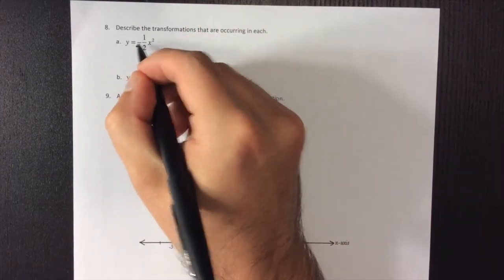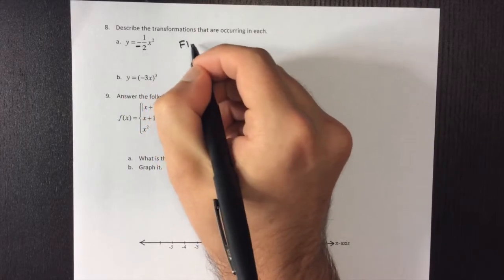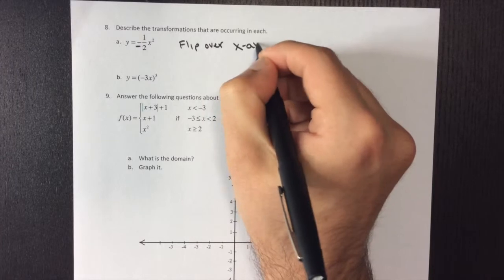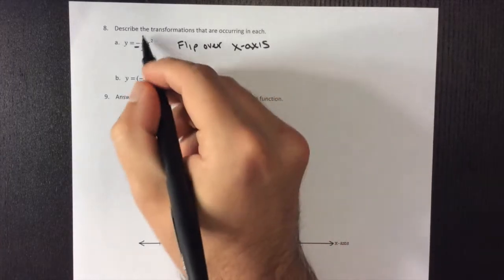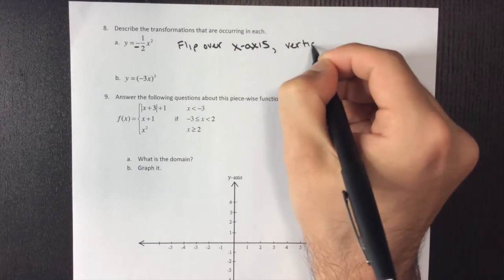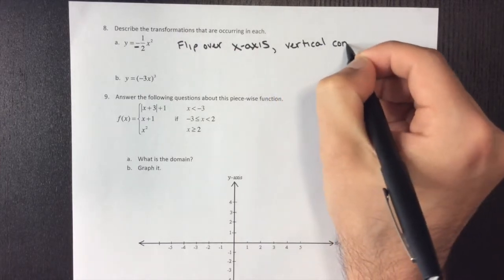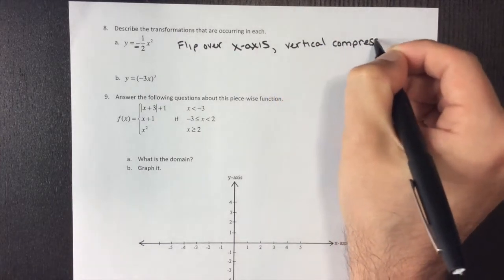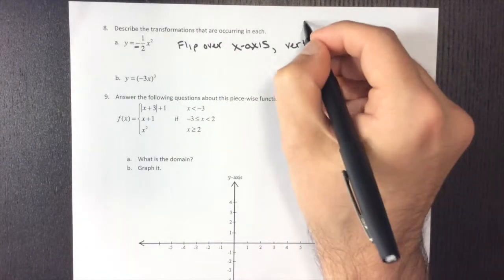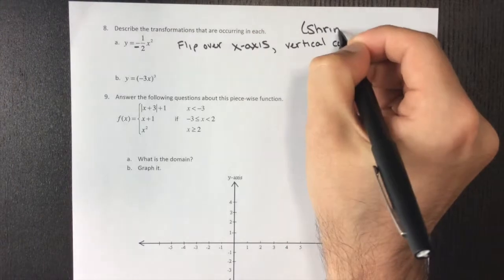So this negative sign is a flip over the x-axis, and this 1/2 is my vertical compression. If you want a shorter way of writing vertical compression, we also call that a shrink.